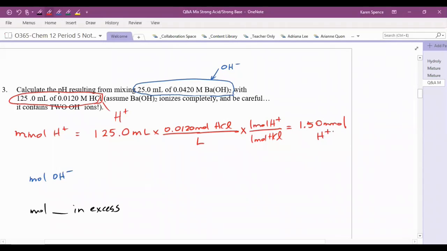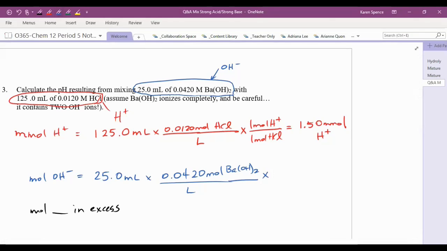And then we're going to find our moles of OH minus. 25.0 milliliters times 0.0420 moles per liter, and that is of barium hydroxide, BaOH2.